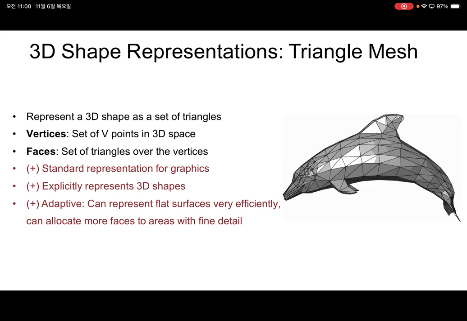Huge triangles, that's all, right? How many points do we need? 1, 2, 3, 4. We need 4 vertices and 2 faces. It's enough to define the front panel of the iPad, right? Very efficient. For a flat surface, very efficient.